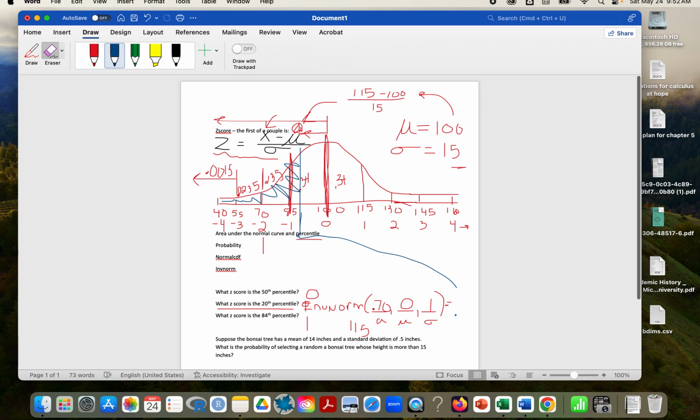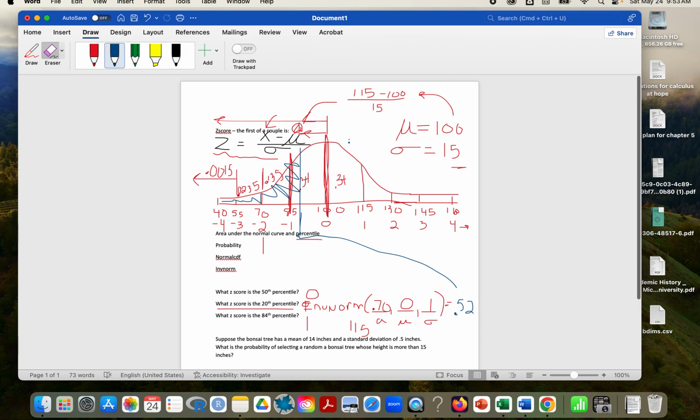We're going to type in 0.70 for the area. The mean again is 0. The standard deviation is 1. That's how we know we're on the standard normal curve. And we're at 0.52. So 0.52, well, here's the 0, here's the 1. Halfway between would be 0.5.